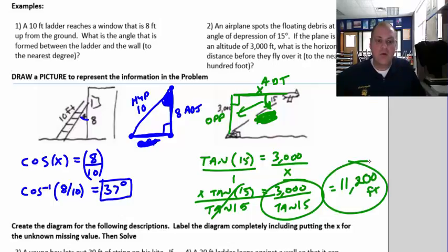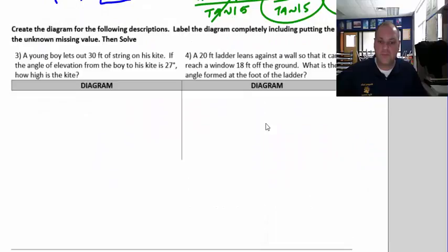That is rounded to the nearest hundred. It actually came out to be 11,200 something, but they wanted the nearest hundred, so you round it off to 11,200.